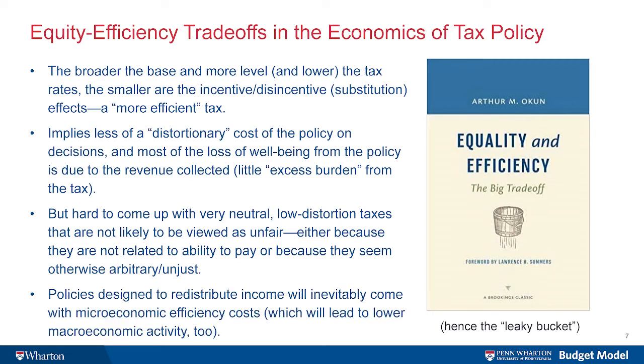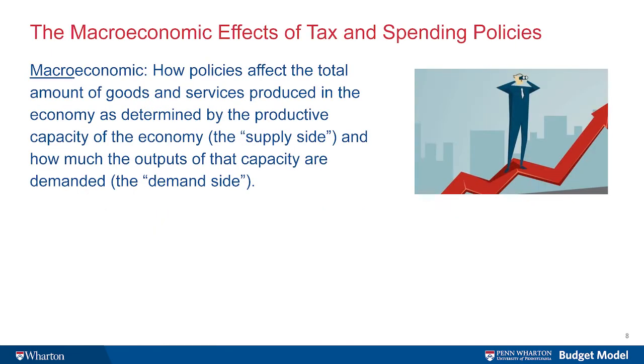That's the leaky bucket, and that's the trade-off between having redistributed policies and maximizing the level of activity in the economy. So that leaky bucket analogy and the fact that a lot of our tax policy and our spending policy is designed to redistribute income, and that we get that leakage out of the economy in taxing and subsidizing activities, leads to macroeconomic effects.